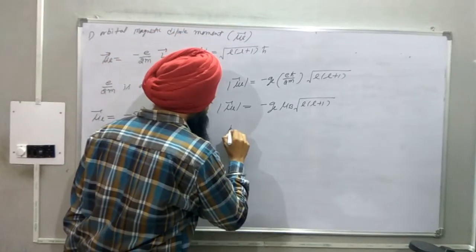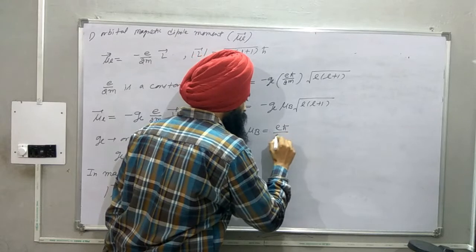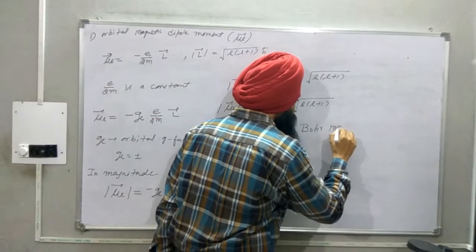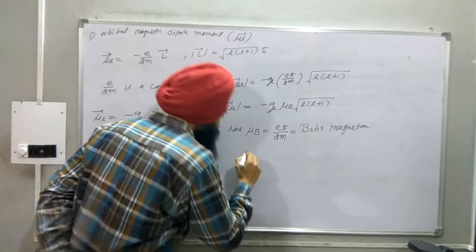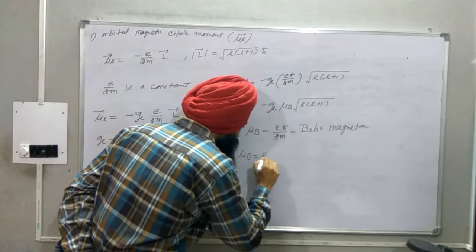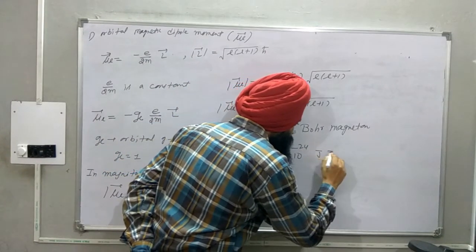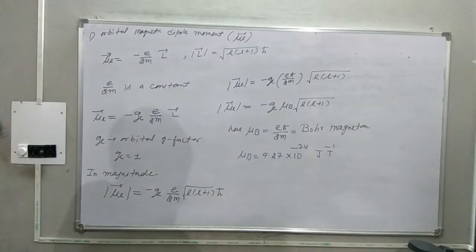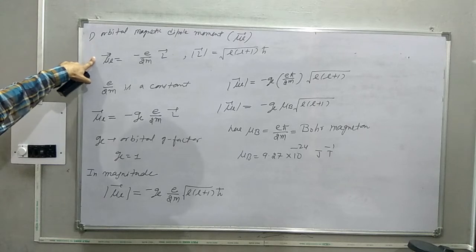Here mu B, whose value is e h cut upon 2m, is called the Bohr magneton. The value of mu B is 9.27 times 10 to the power minus 24 joule per Tesla. So this is the value of orbital magnetic dipole moment.